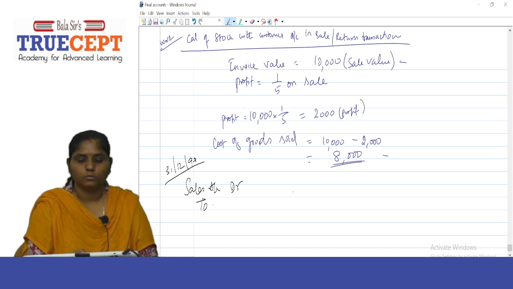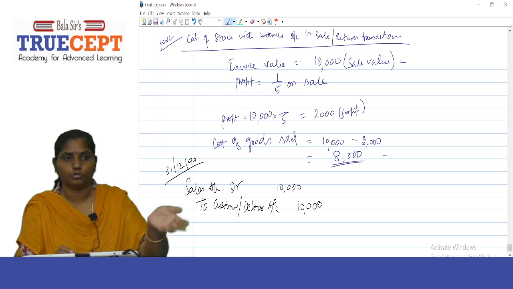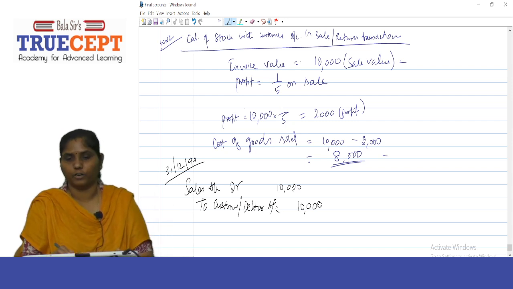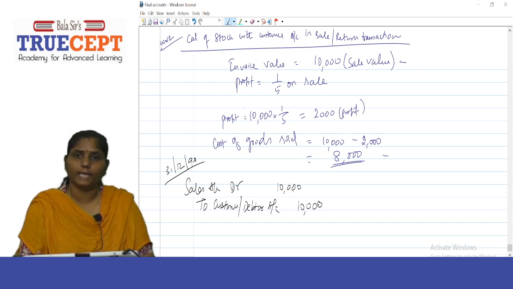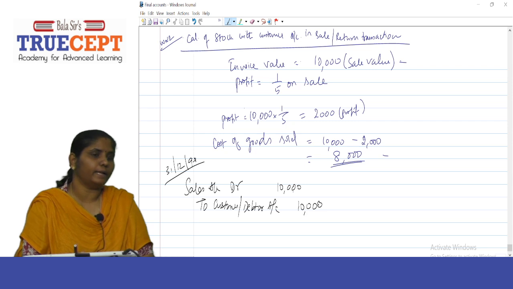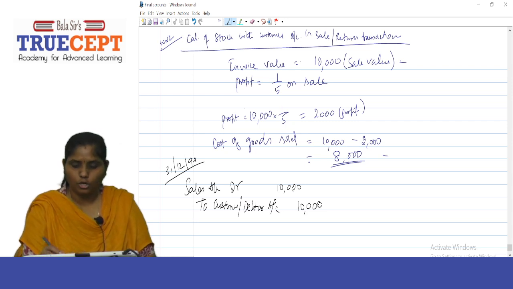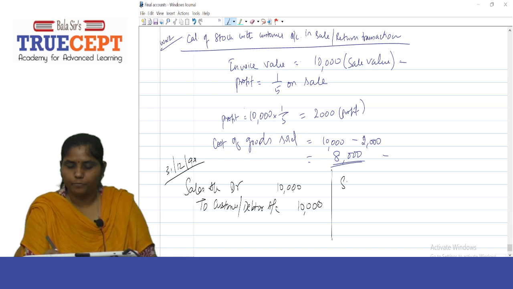To customer or say debtor. Customer is a debtor account, right? How much? 10,000 I am supposed to reverse. That's the invoice price, the value at which I sold the goods to my debtor, right? So I reversed it. What is the next entry? I am supposed to record the stock with customer 8,000, right? Yes or no?